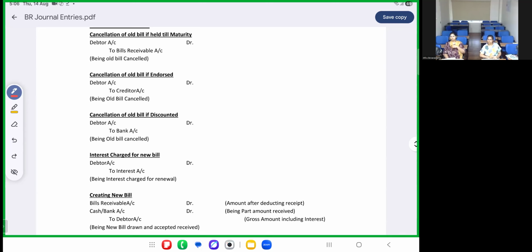So debtor account to interest account. I'm charging the interest. I'm crediting it because it is my income. This income I have to collect from whom? The debtor. So I'm debiting my debtor. Got it? Yes, ma'am. Yes.